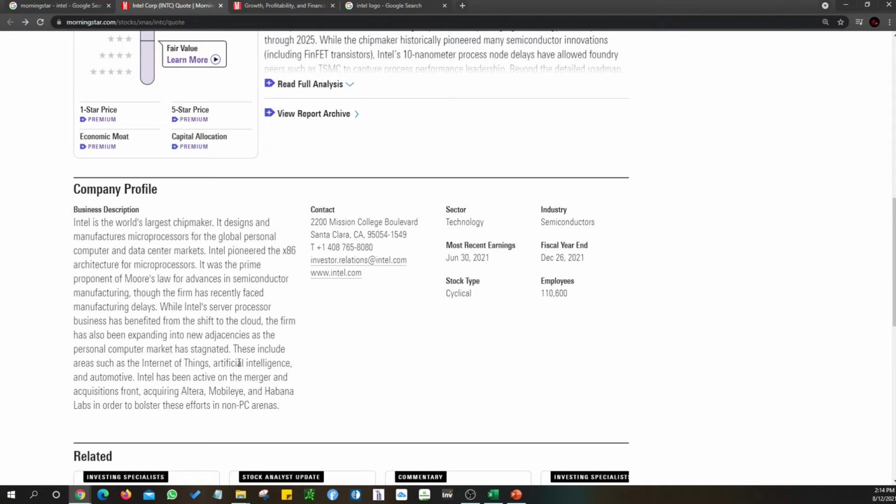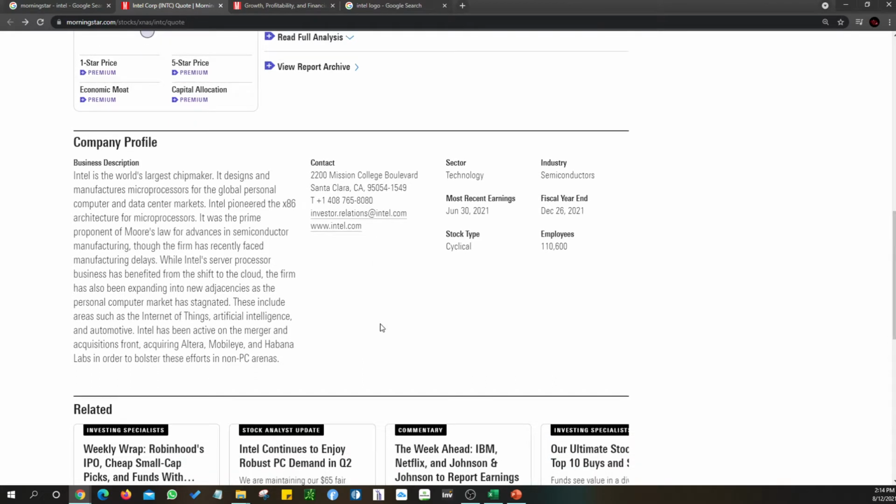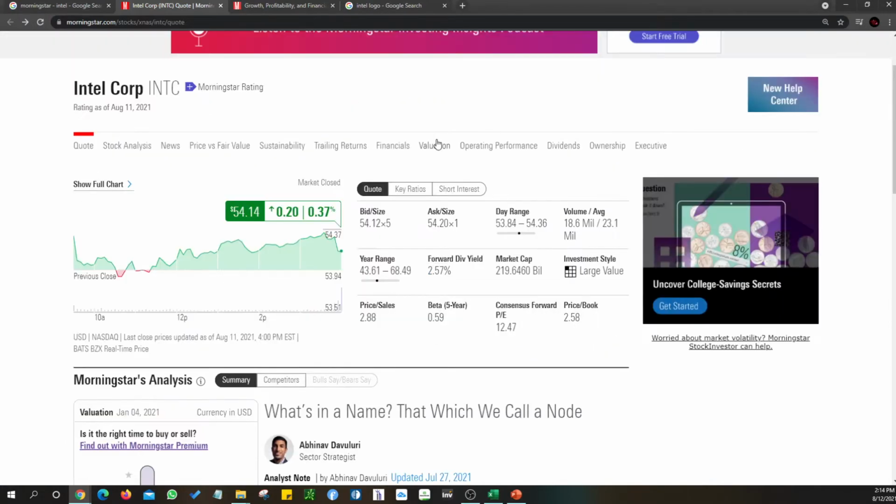Altera is an automotive company. Mobileye is more of an AI related instrument. Habana Labs, these are some of the acquisitions, but they already have a lot. We'll cover that. And wow, look at this, 110,000 employees, I can say 111,000 employees. And their headquarters is based in the United States, right?